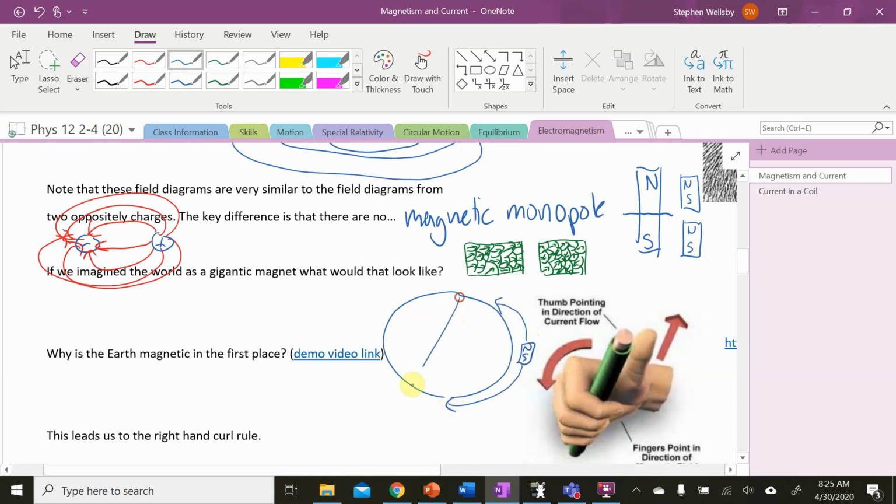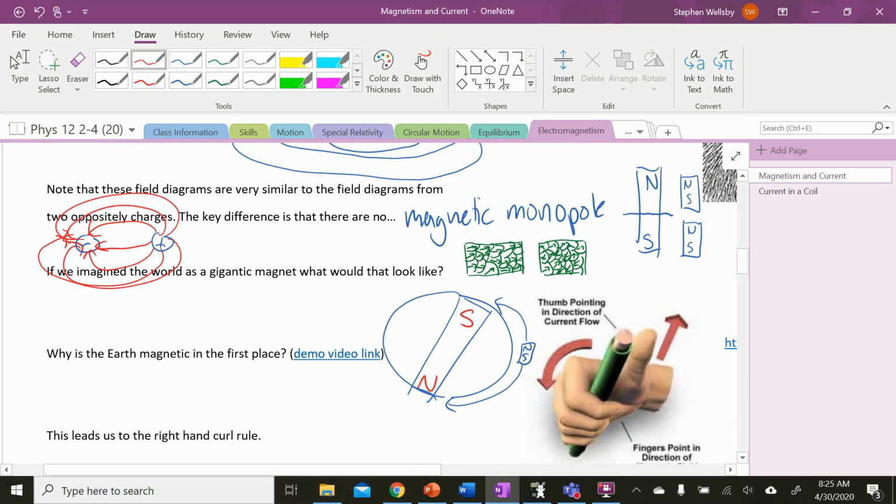So what does that mean if we treat the Earth as a giant magnet itself? Well, we know that north is attracted to south and south is attracted to north. So if we look at the Earth as a giant magnet, the geographical north pole of the Earth is actually the magnetic south pole of the Earth.